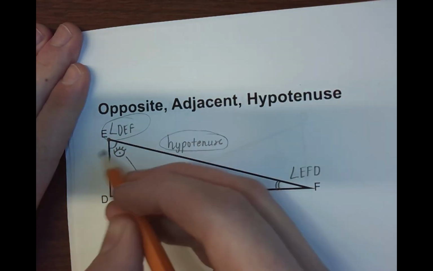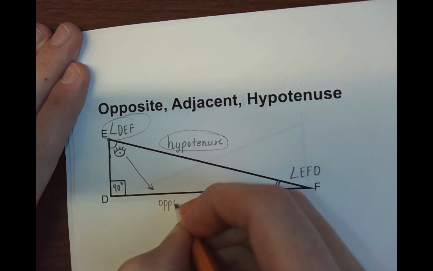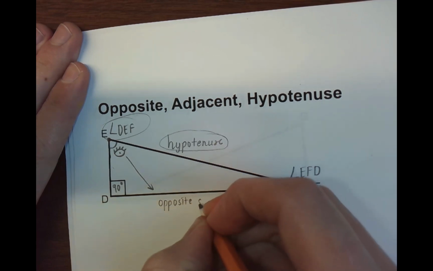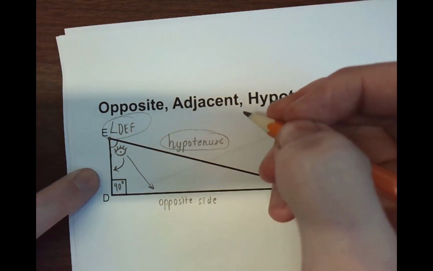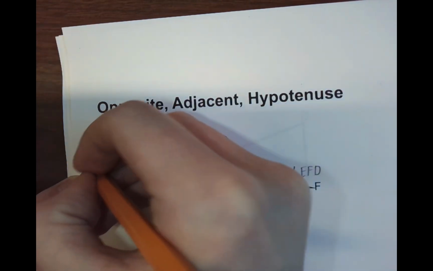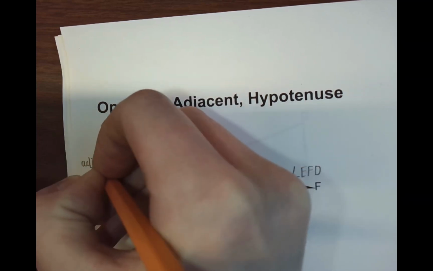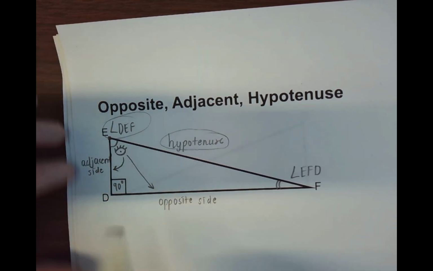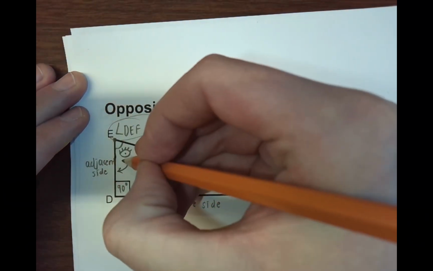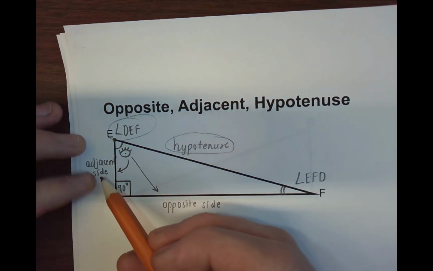This is the side that's opposite to me. And this side is what's adjacent or next to me. So from the perspective of this angle, that's my opposite, that's my adjacent.